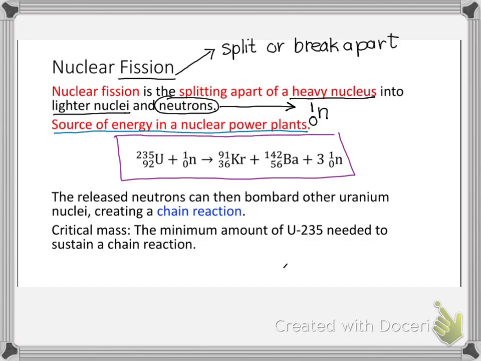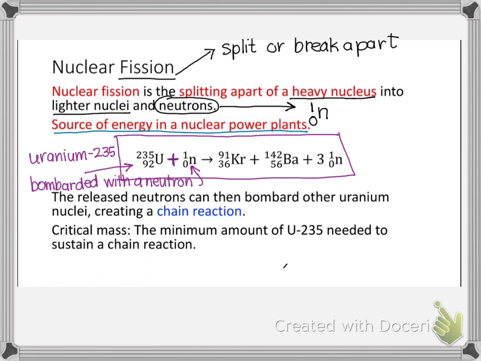We have a large nucleus here, uranium-235, and it is bombarded, just hit with a neutron. That's written in the equation with a plus because they're hitting the uranium with the neutron. That's what's happening on the reactant side.